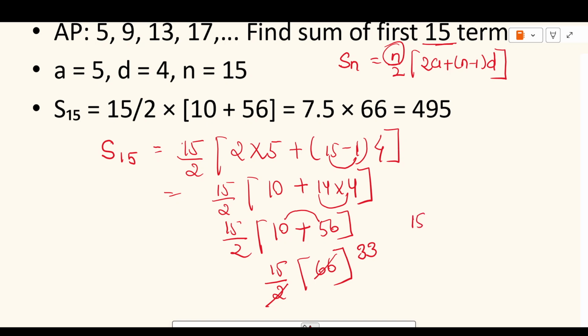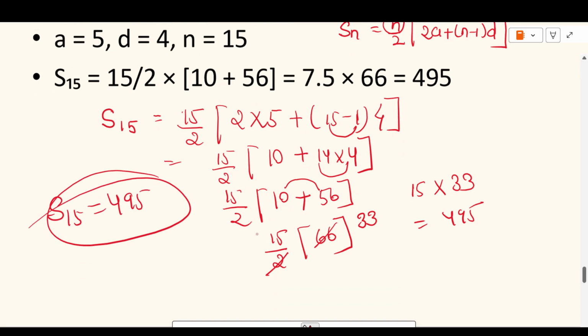Multiplying, the product is 495. So the sum is 495. Do you understand?